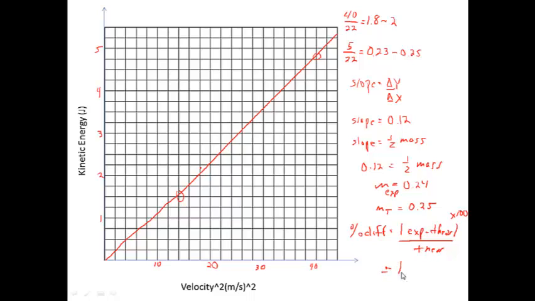So if you do this, you get 0.24 minus 0.25 divided by 0.25, absolute value times 100, ends up to be 4%. So that would be pretty good. Anything less than 10% or so is good. All right, so that is how you do an example. You'll be doing some more on a worksheet.